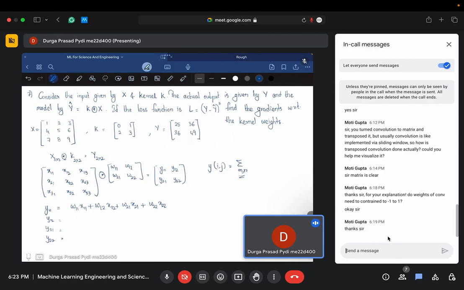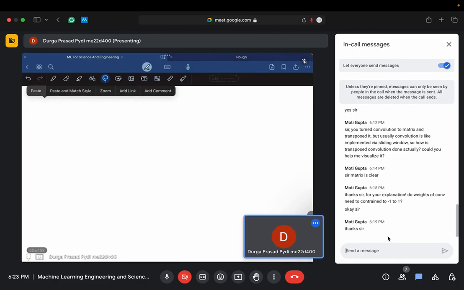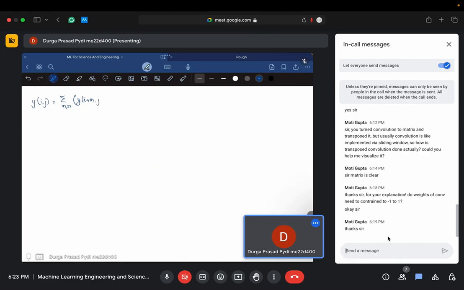I am just writing m comma n, so this is equivalent to 2 summations of x of i plus m, j plus n, times your kernel w of m n, your input times your kernel. This is what we have discussed previously.